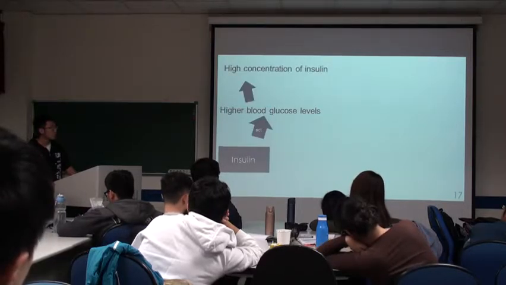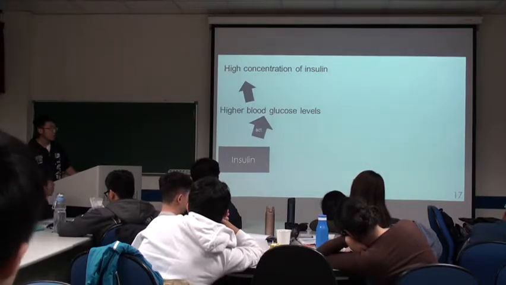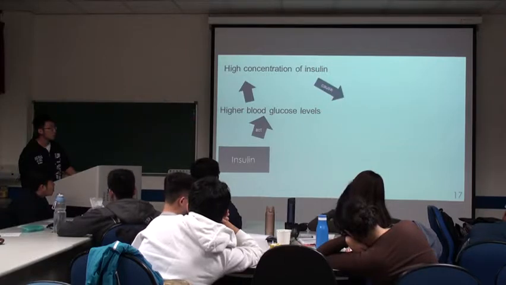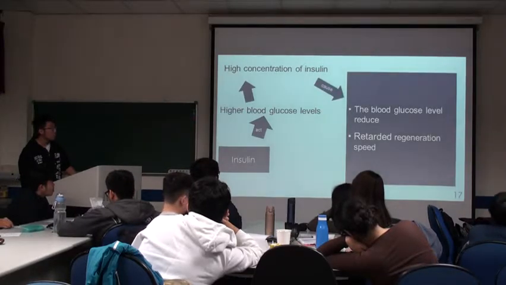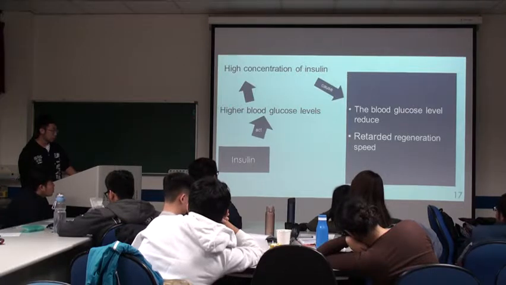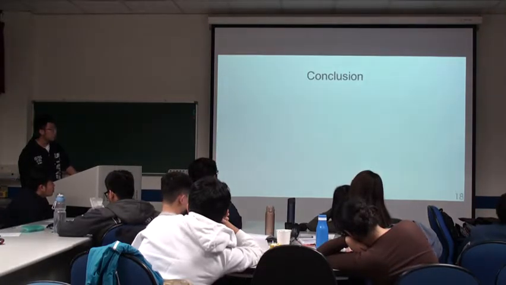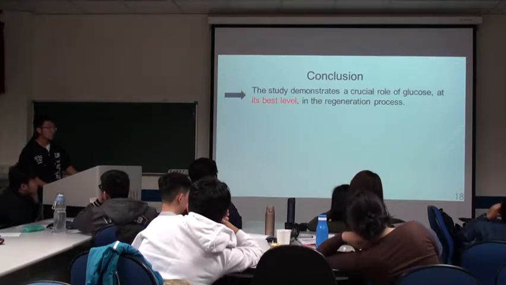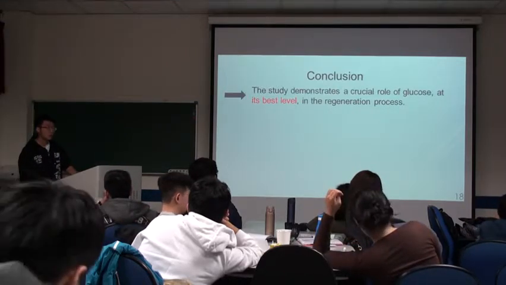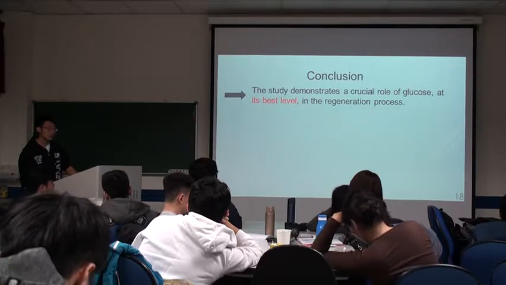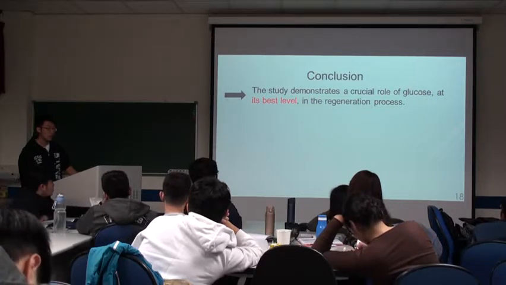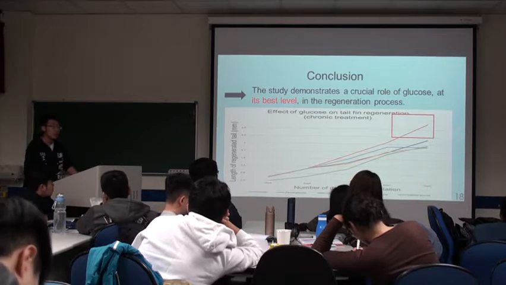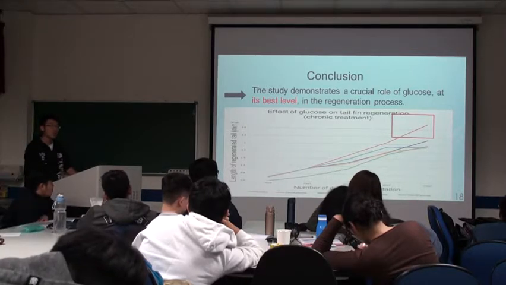It will increase the concentration of insulin, and the high concentration of insulin will cause the blood glucose level to reduce and retard regeneration speed. So our conclusion is that the study demonstrates a crucial role of glucose at its best level in the regeneration process. And in this paper, we think the best level is 10 millimole glucose.